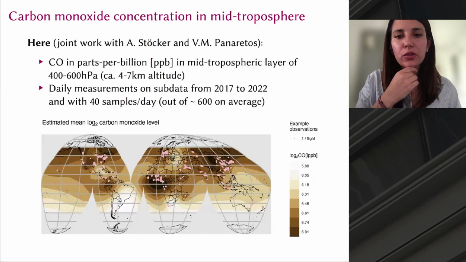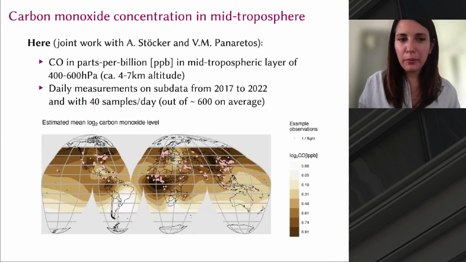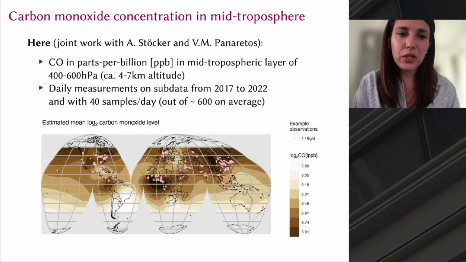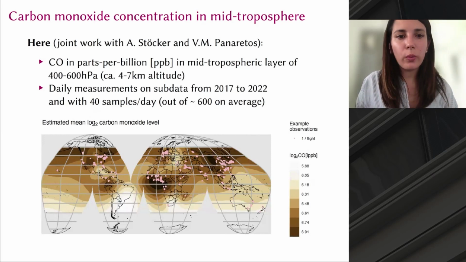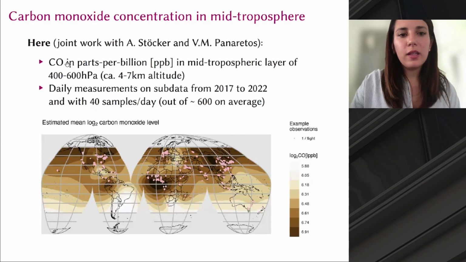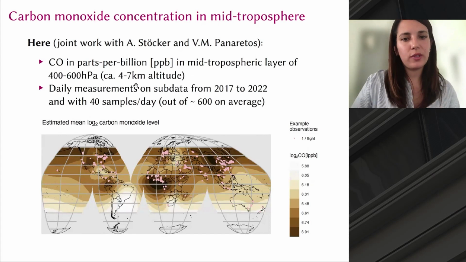And with Almostoker and Victor Panaretos, we first try to estimate a mean, especially because we do not expect that the mean is 0 in this case. So we subsampled the data, taking CO in parts per billion just at some layer or altitude, 4 to 7 kilometers.